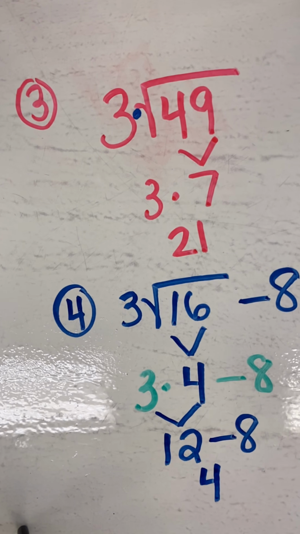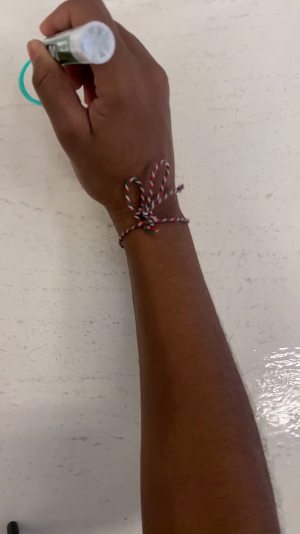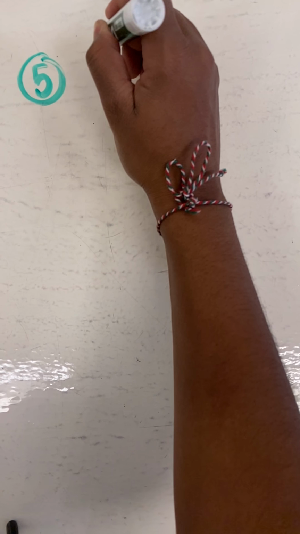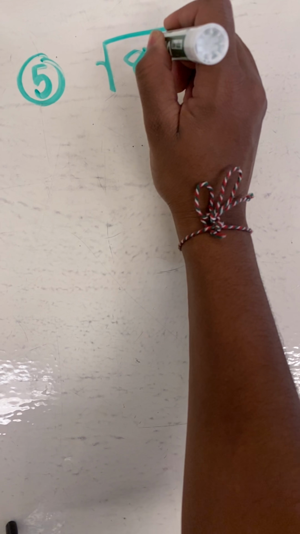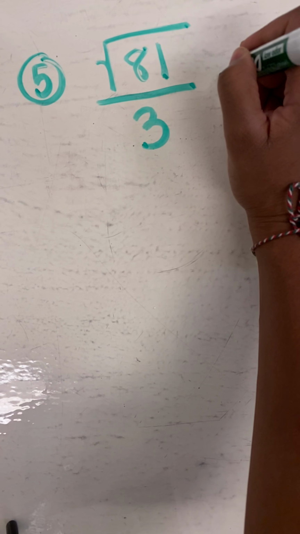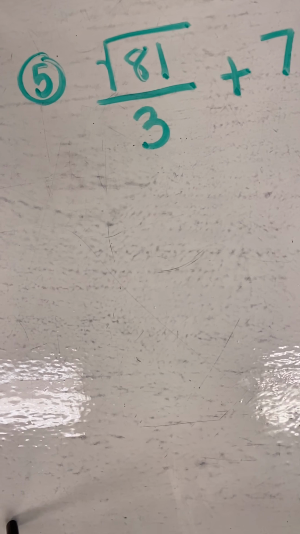All right. Next one. Problem number 5. I'm gonna say square root of 81 divided by 3 plus 7. So let's do the square root first.